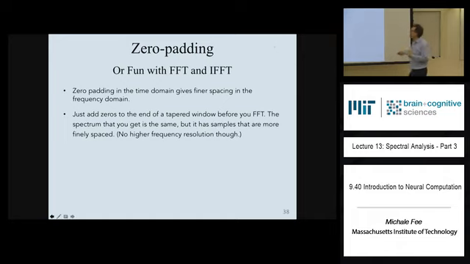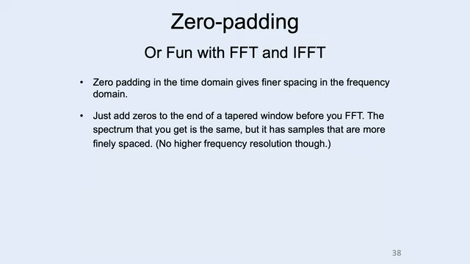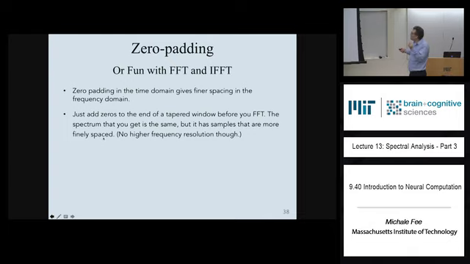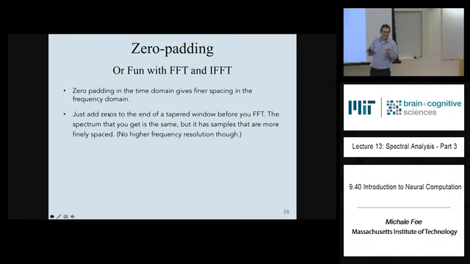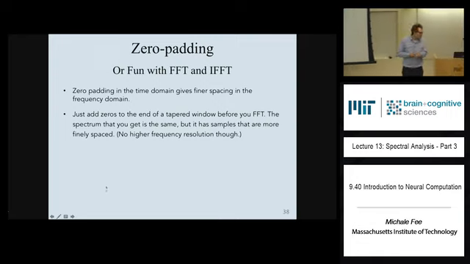And when you do that, what you're going to get back is an FFT that has the samples in frequency more finely spaced. Your delta f is going to be smaller. Now that doesn't improve frequency resolution. There's no magic getting around the minimum time bandwidth product. Okay, but you have more samples in frequency. All right. Any questions?